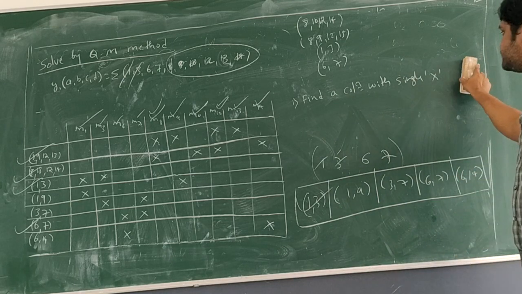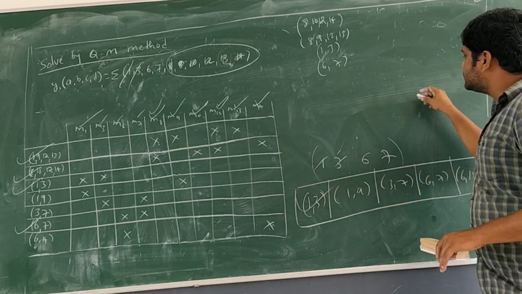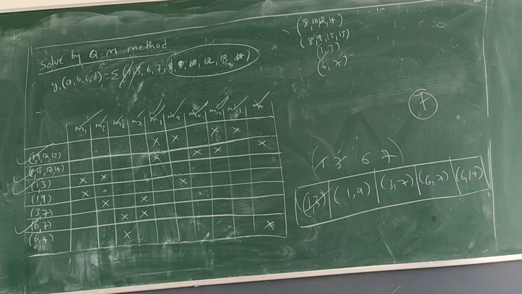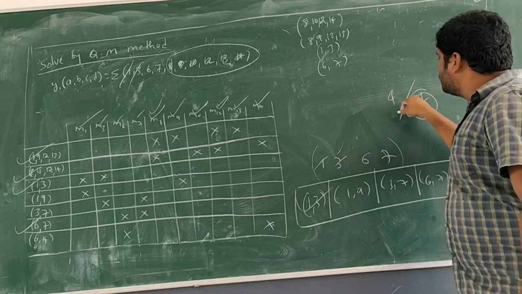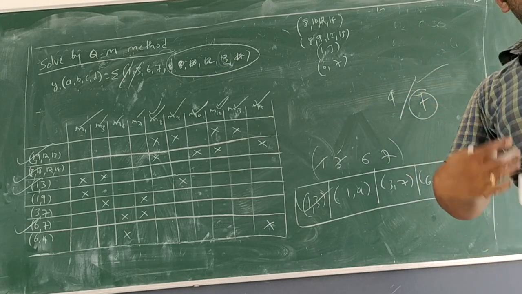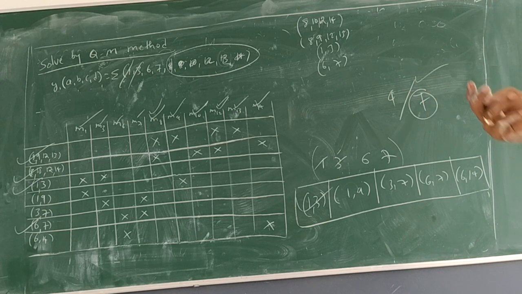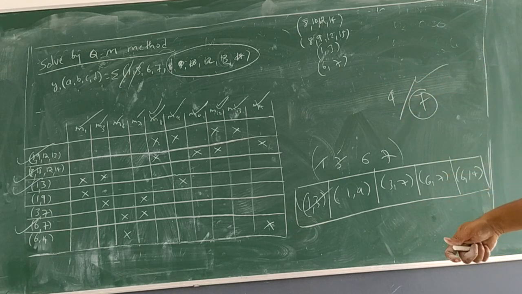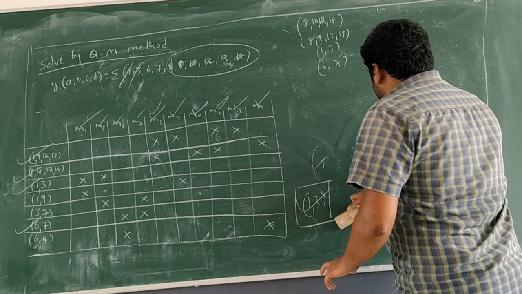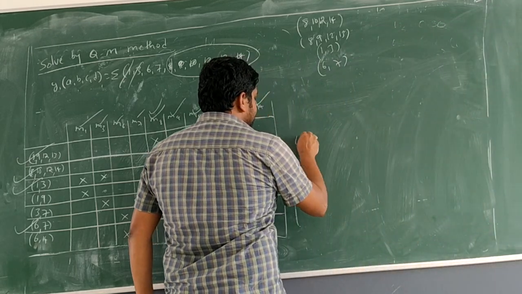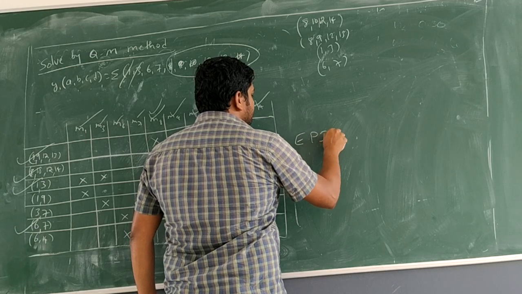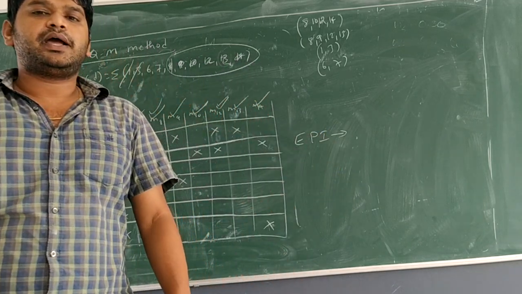So that means earlier I used to take 7 bags. All 7 bags I had to carry. But now only 4 bags are required out of 7. 3 are optional, that means no need. Hence, what is the definition of essential prime implicants?